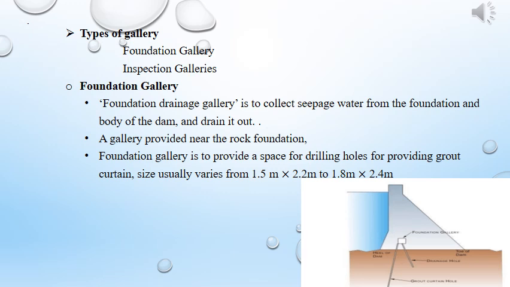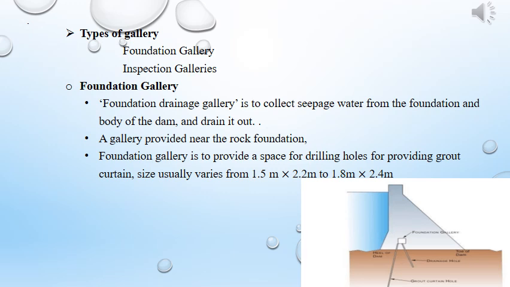These relief drains are placed a little downstream of the grout curtain, and they are usually 7.5 to 10 centimeters in diameter and spaced 5 meters center to center.